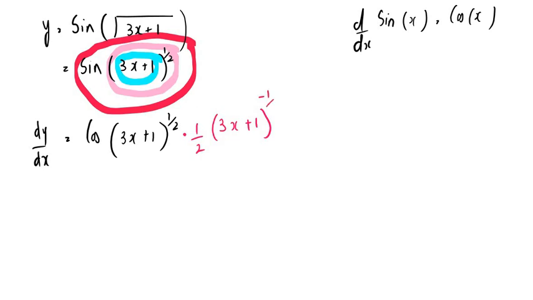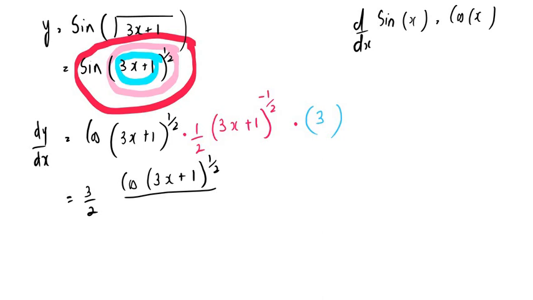Now we differentiate the pink baby function. The pink baby function is half, this is times half, keeping the blue baby function the same, half, it goes to minus half. And then we multiply that by the differentiation of the inner light blue function, which is 3.